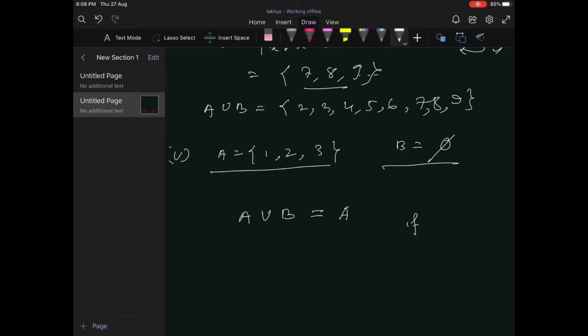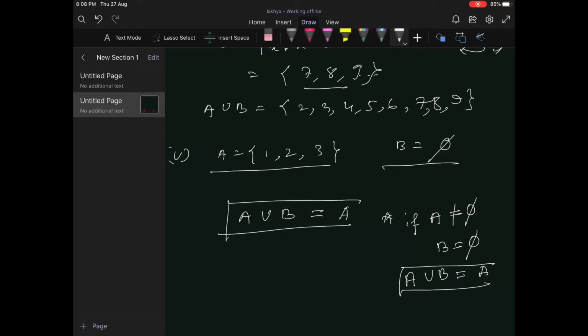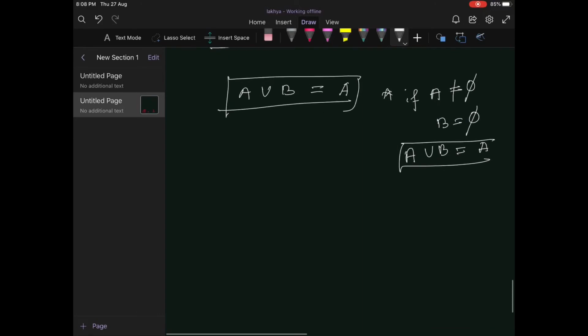We have already seen that if A is a non-empty set, it is not equal to phi, and B is the empty set, phi, then in that case A union B always gives set A. So according to that property, this must be equal to set A. I hope you have understood this.